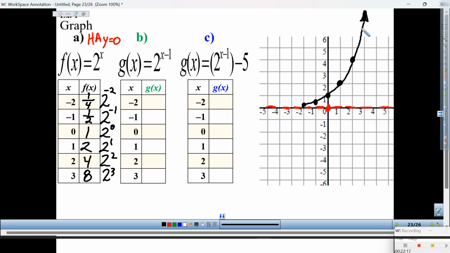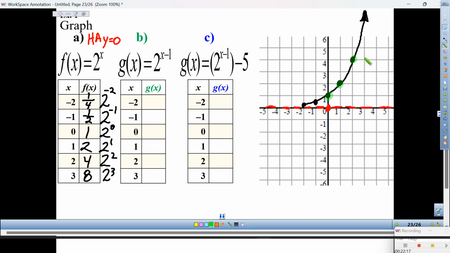However, look at this one. This is the first parent function that does not go through 0, 0, or 1, 1. However, pay attention to this part. From now on, when I ask you to graph me the parent function f of x equals 2 to the x, I want you to use these 3 points. Ready? 0, 1, 1, 2, and 2, 4.